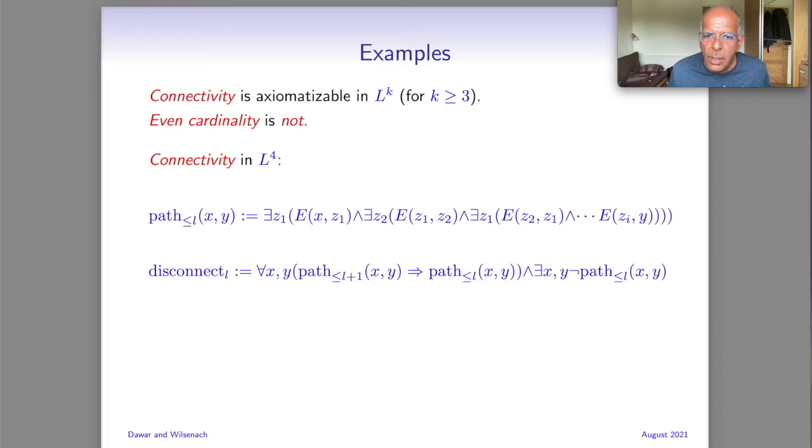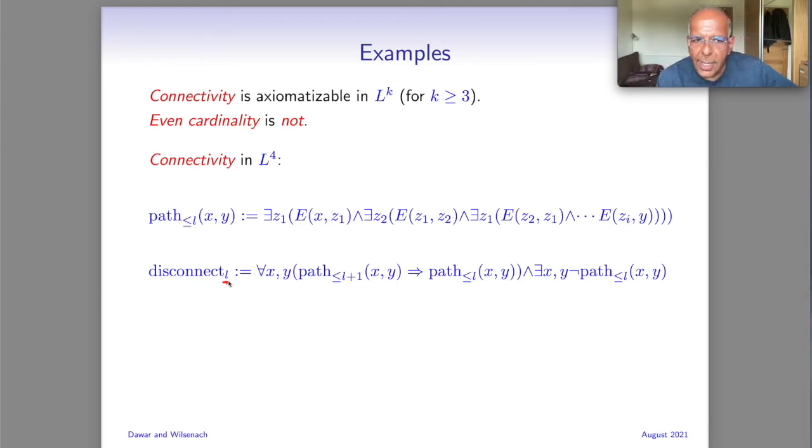So now I can write down a formula which says that the graph is disconnected. So I can't write down a single first order formula that says the graph is disconnected. We know you can't do graph connectivity in first order logic.